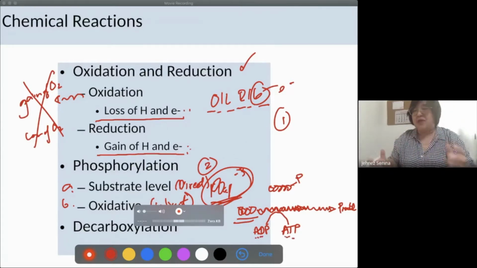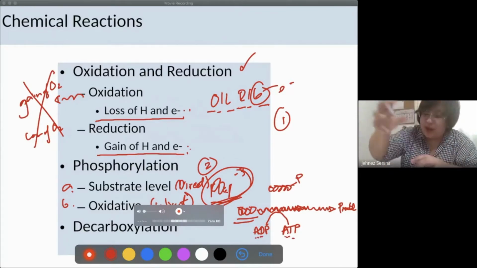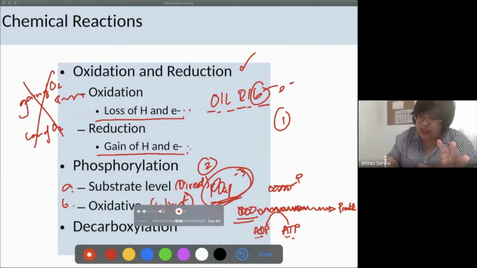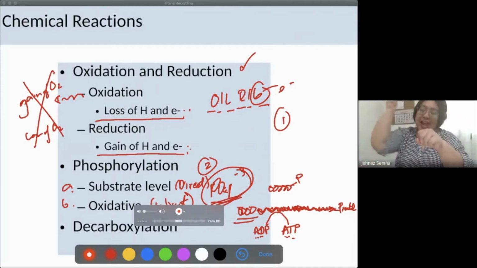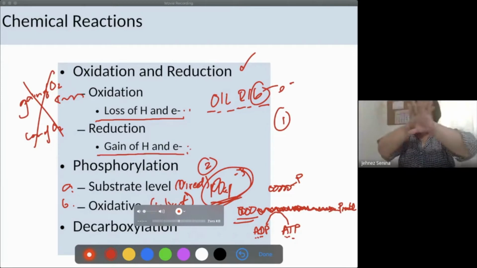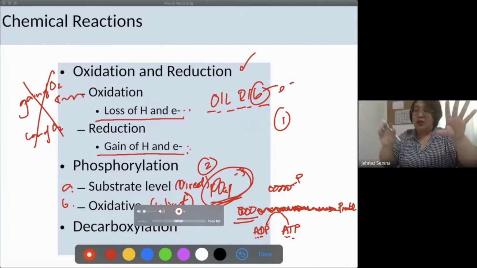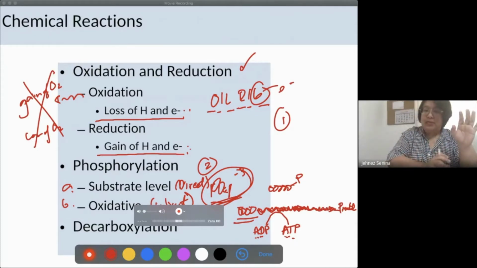It's indirect. You're not directly putting phosphate on a molecule; you're converting ADP to ATP as a consequence of these reactions. We'll look at examples of that later. Again, substrate level is you have a molecule and directly add a phosphate to it. In oxidative phosphorylation, chemical reactions happen, and as a consequence, ADP picks up a P to form ATP.